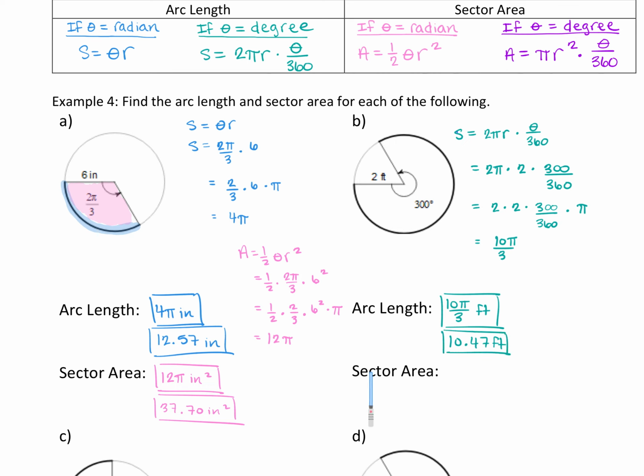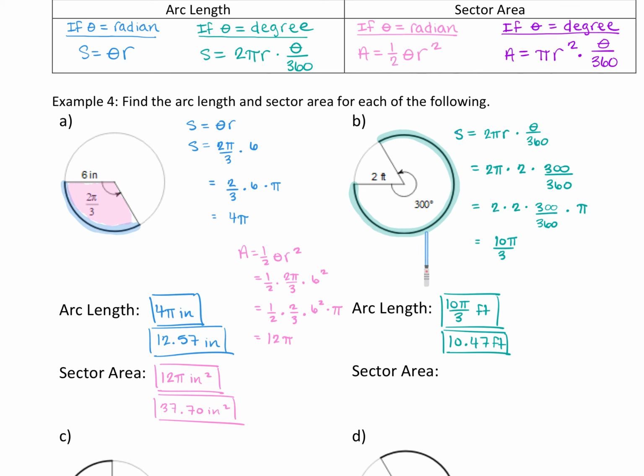For sector area, this time we are going to use this purple formula since our angle is in degrees. And actually, let me highlight what we just found with this green. The arc length, right? The arc length is basically this piece right here. So it's like if you took a piece of string and you laid it around the circle and it only went that far around.